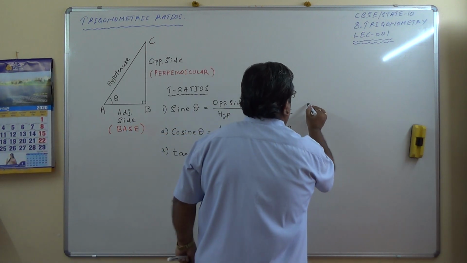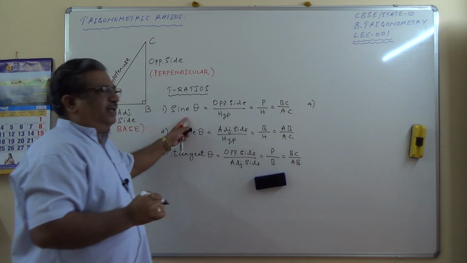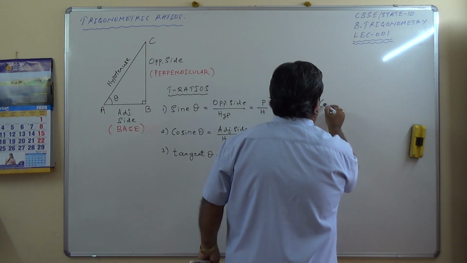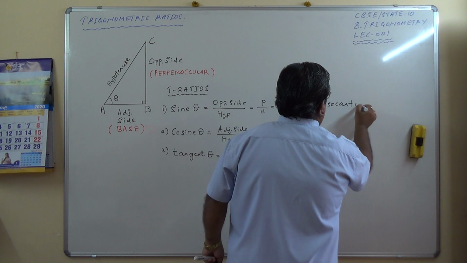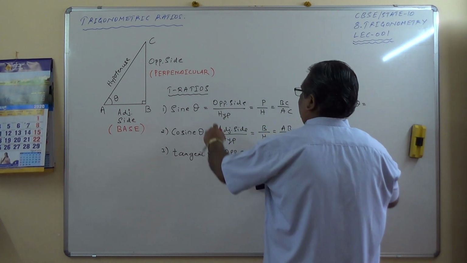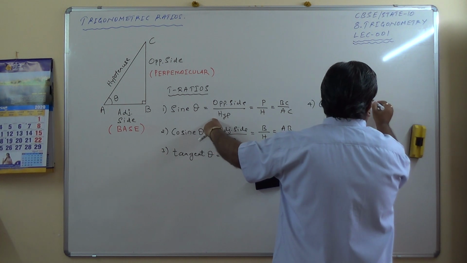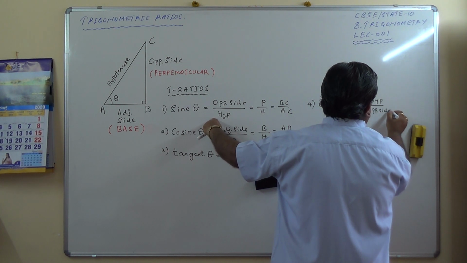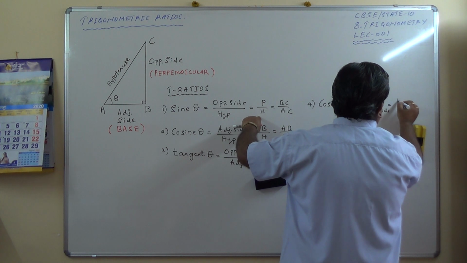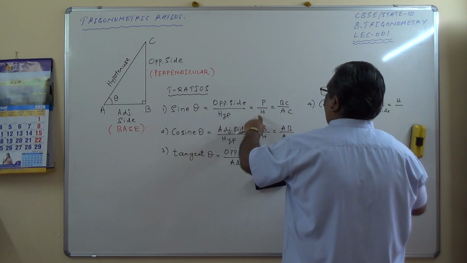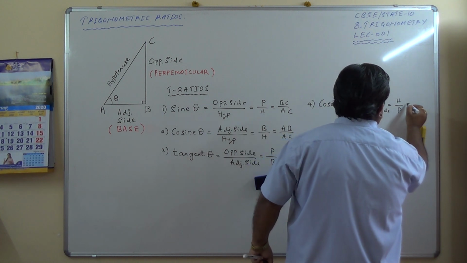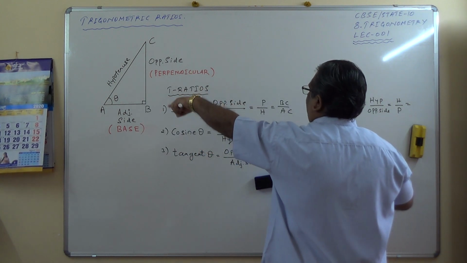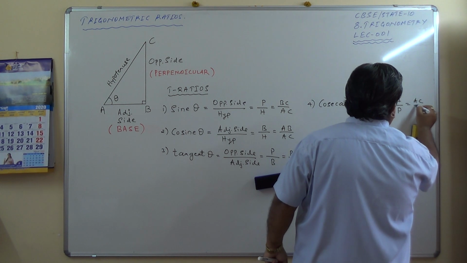Fourth one, the reciprocal of sine theta is called cosecant theta, C-O-S-E-C-A-N-T, cosecant theta, which equals the reciprocal, hypotenuse by opposite side, which is also nothing but H by P. In terms of hypotenuse and perpendicular, hypotenuse by perpendicular, which equals, take this one, hypotenuse by opposite side, that is AC by BC.